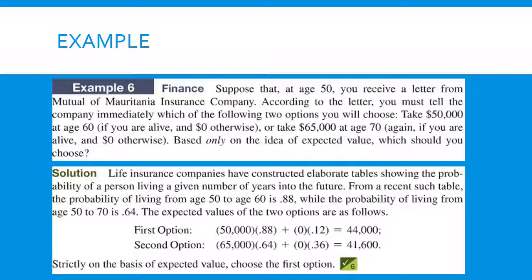That's $0 on the 12% chance you die. And then the second option is 65,000 times 0.64 plus 0 times 0.36. And we see that you actually have a better expected value if you go ahead and take the $50,000 at age 60.